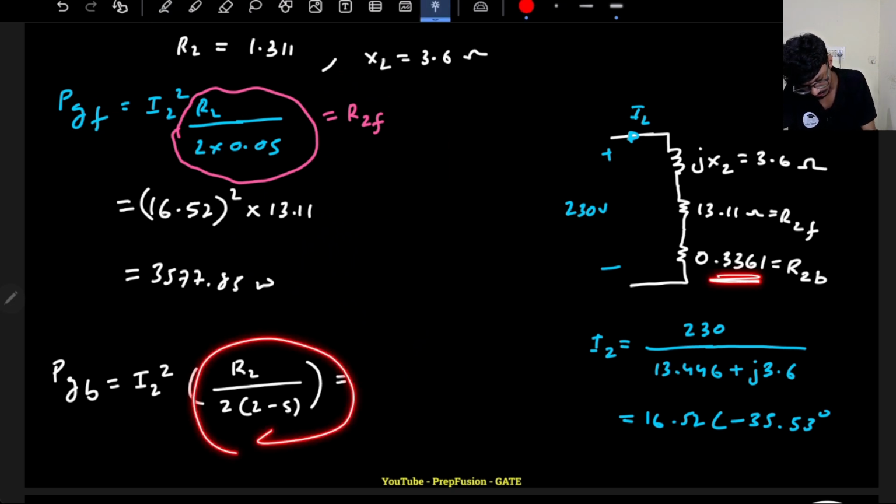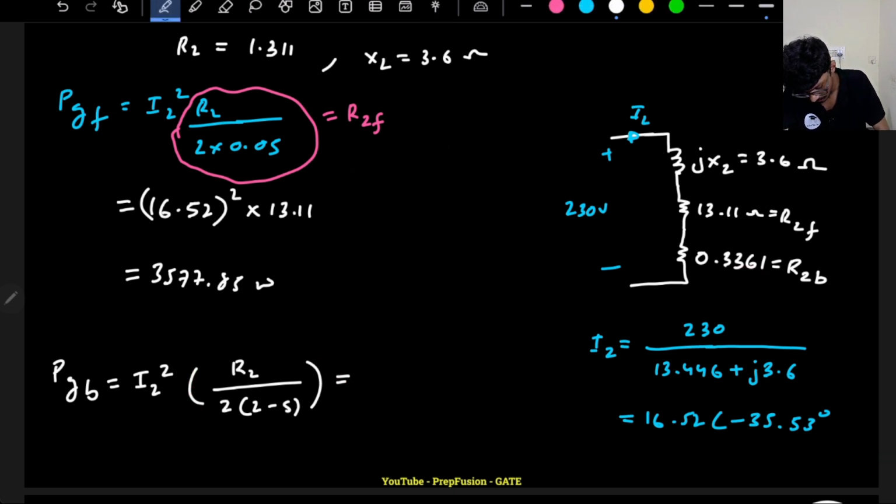This value is 0.3361. So 16.52 whole square into 0.3361.